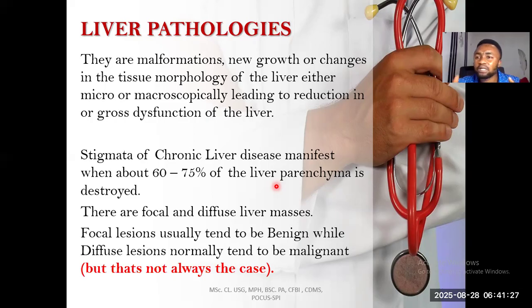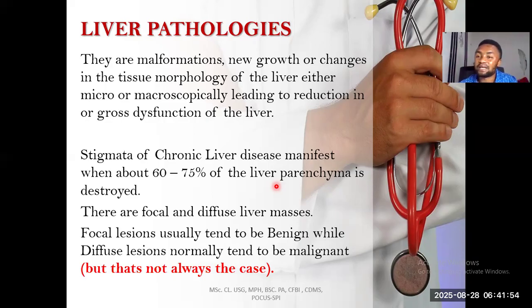When people come with chronic liver disease, the moment you see them walking towards you, you know this is definitely chronic liver disease. The moment the person lies on the bed and you start talking to the person, exposes the abdomen, you see that this is likely to be chronic liver disease because the stigmata are there. Stigmata.